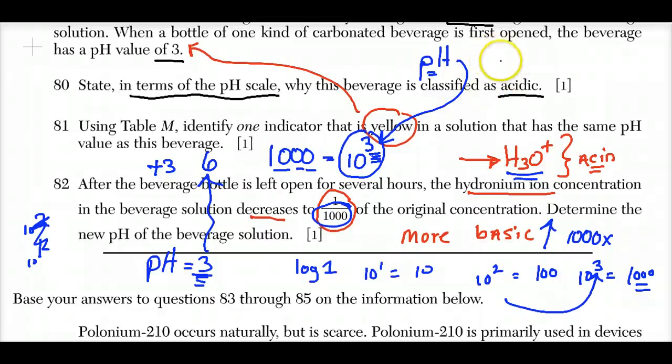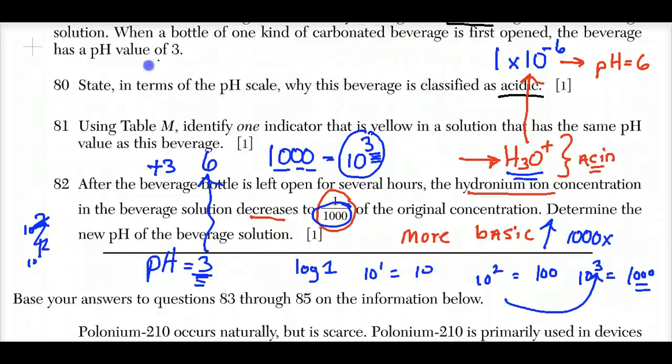Case in point, if the H plus ion concentration or the hydronium ion concentration is 1 times 10 to the negative 6, guess what? We say the pH is equal to 6, right? We took the positive value of this exponent. Now, let's go back to the pH of 3. When the pH was equal to 3, the H plus ion concentration was equal to 1 times 10 to the negative 3.